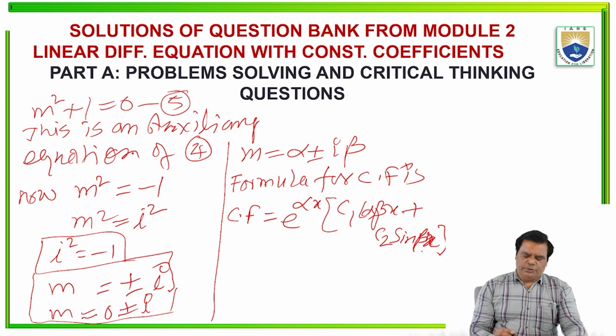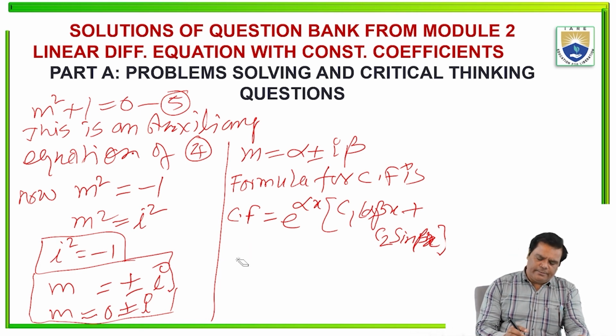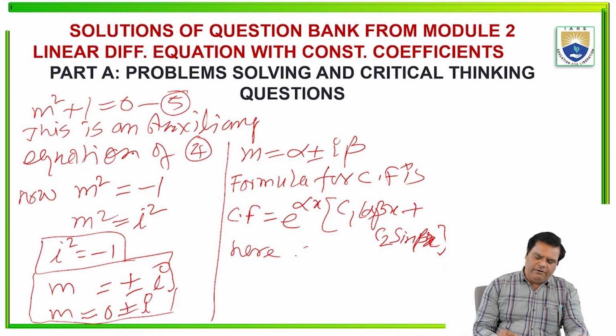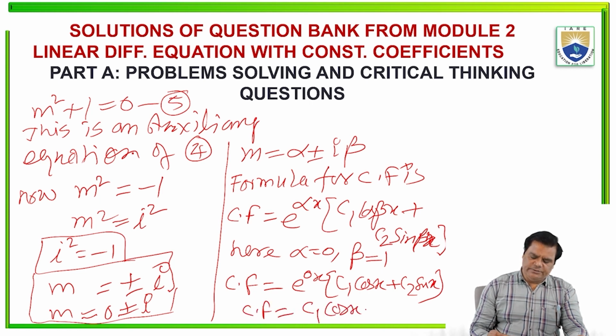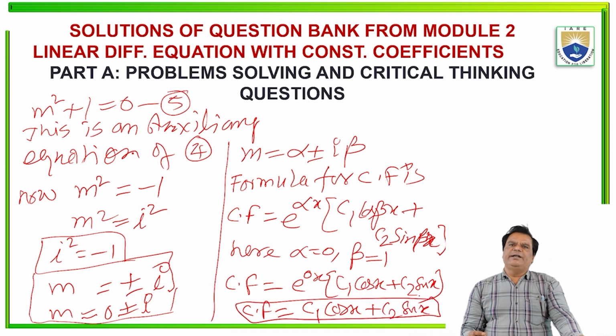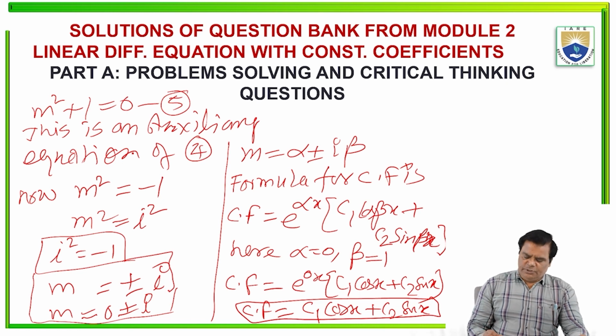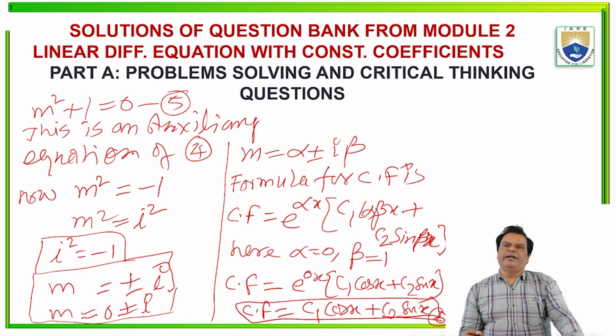Here alpha is 0 and beta is 1. So CF equals e to the power 0x (C1 cos x plus C2 sin x). The final CF is C1 cos x plus C2 sin x. This is the complementary function, equation 6.